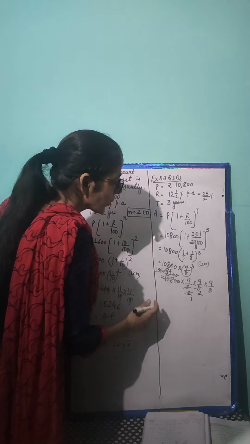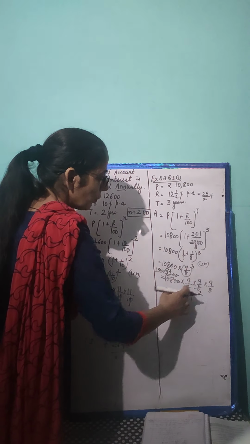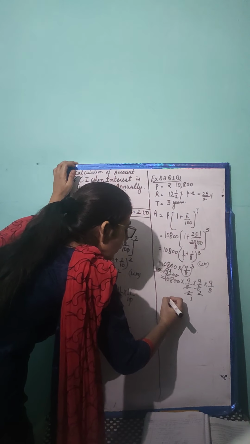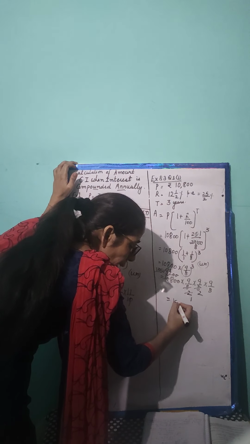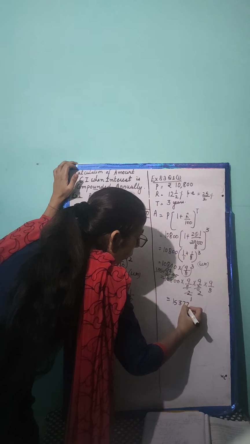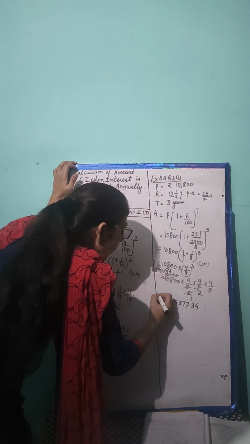This is 675. So no further calculation is possible, and when we simplify it, what we are going to get is rupees 15,377.34. So this is the amount.